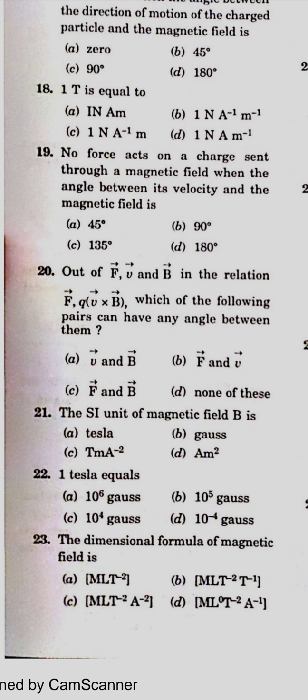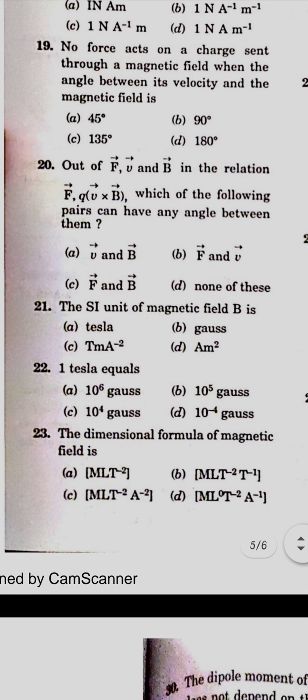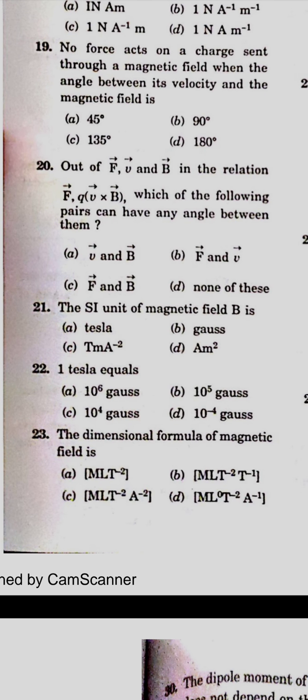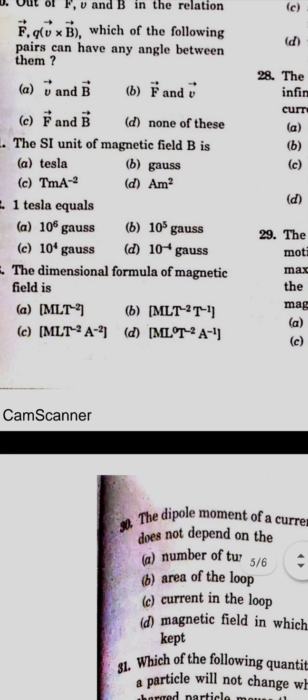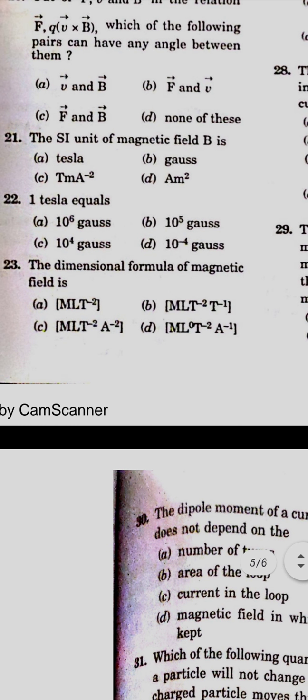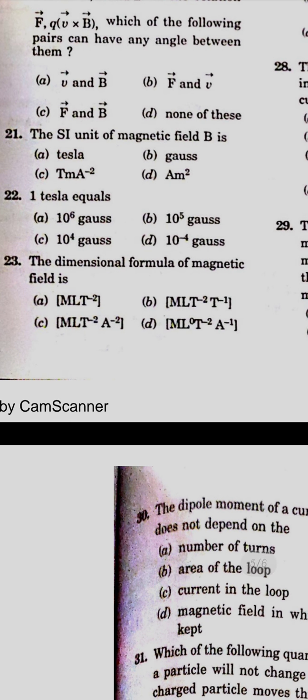Next, the SI unit of magnetic field is Tesla, and 1 Tesla is equal to 10 to the power 4 Gauss. And the dimensional formula for the magnetic field is: F equals QVB sin theta.